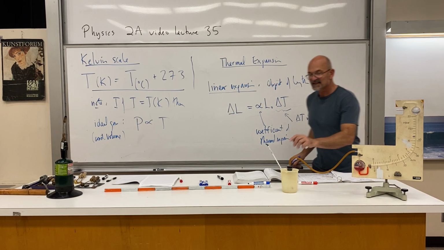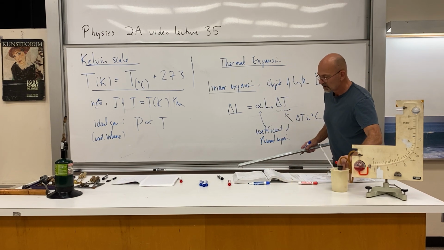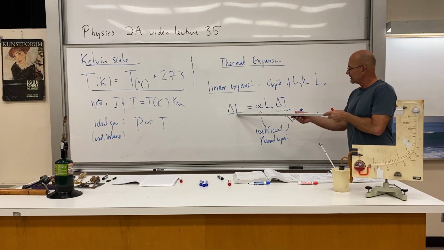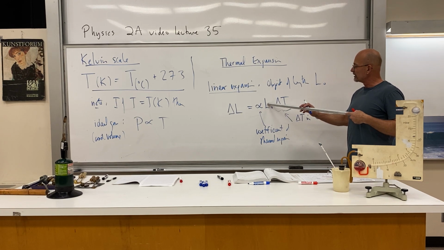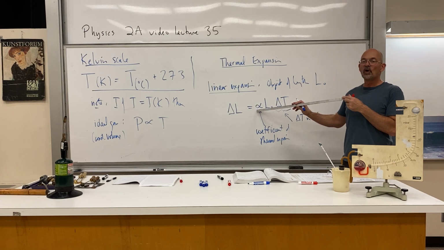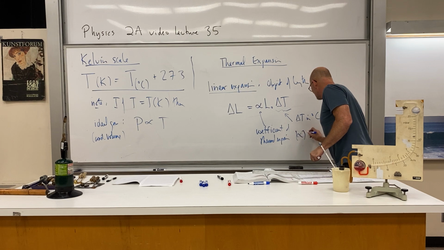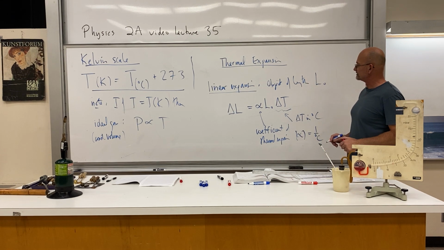And we always ask about the units, right? What are the units here? Well, we have length, so that'll be meters. We have degrees Celsius, so alpha must be 1 over degrees Celsius. So the units of alpha are 1 divided by degrees Celsius.